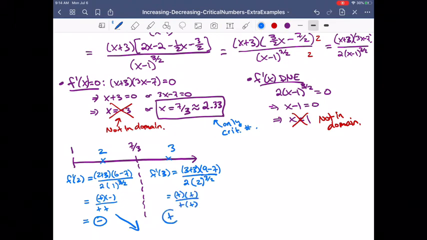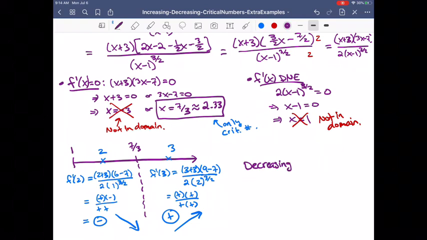So everything's positive. I'm going to be increasing there. So we're going to get decreasing on the interval where 1 is the smallest it can be, and it goes up to 7/3. And then increasing on the interval from 7/3 to infinity.